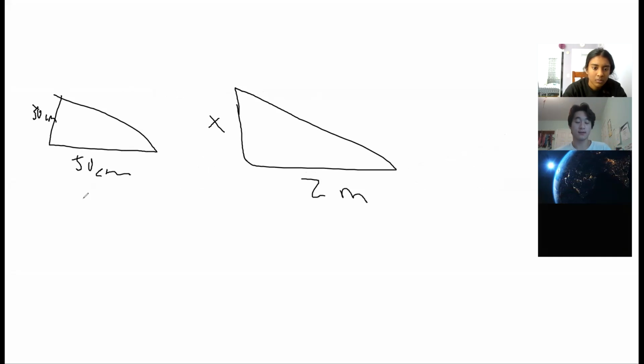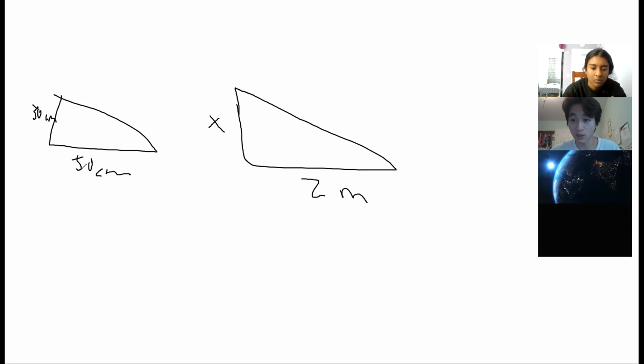Once you find the scale factor, there are two ways to do this. One is to compare each side to each side. So we can compare 50 centimeters to 2 meters in order to find the scale factor between 30 centimeters and x. Or we can compare 30 centimeters to 50 centimeters and compare the scale factor between x and 2 meters.